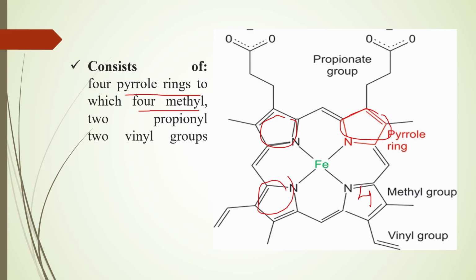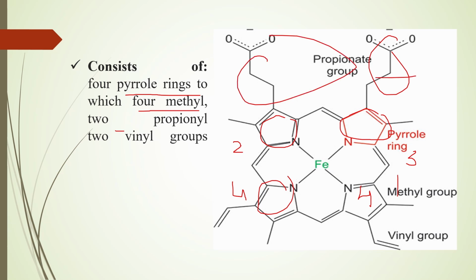Here it is methyl 1, 2, 3 and this is 4. Then 2 propionyl groups, 1 and 2, and 2 vinyl groups, 1 and 2. So this is the complete structure of the protoporphyrin ring 9. And when the iron molecule attaches in the center of this molecule, it is called the heme molecule.